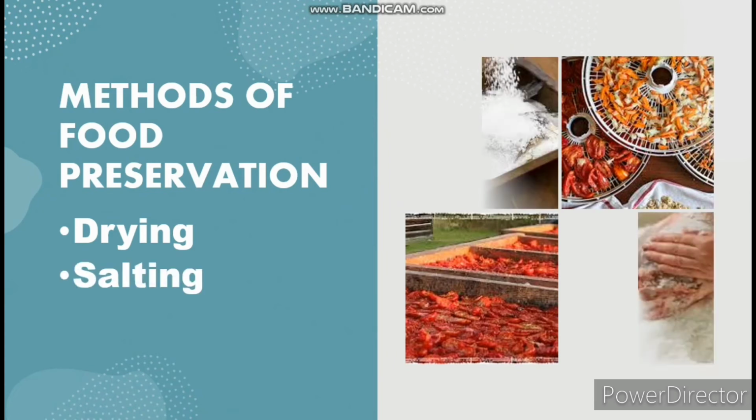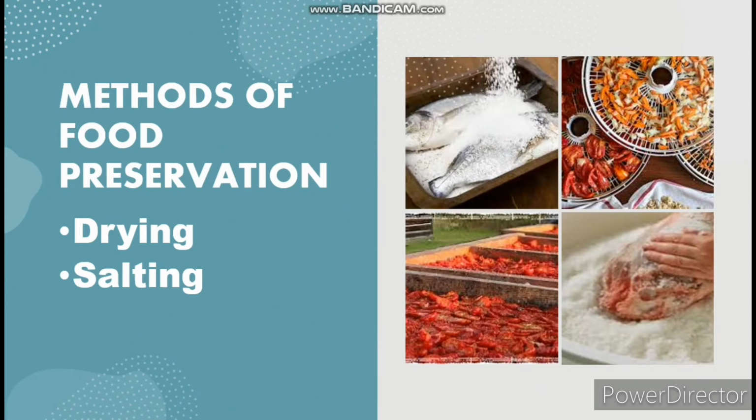Salting. Salting is a method of preserving food that was more common before modern refrigeration. Salting preserves food by drawing water out of the food, preventing bacteria from growing and spoiling the food. The food is surrounded in salt and left in a cool, dry place.